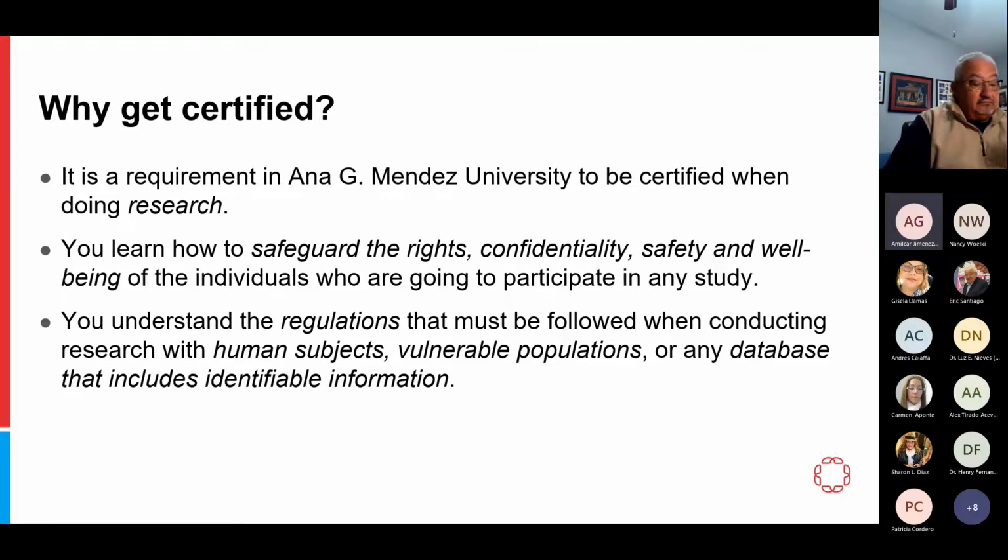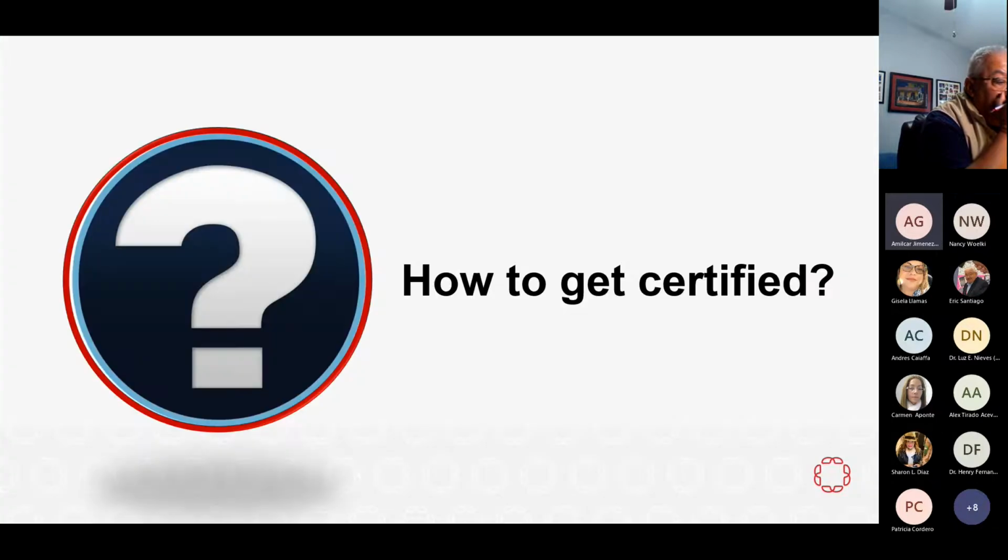And of course, to understand all the regulations that must be followed when conducting research with human subjects, vulnerable populations, or any database that includes identifiable information. Besides that, having these certifications on the resume gives a lot of weight to that resume. This is very important, okay? Overall for the nursing or the science area students.